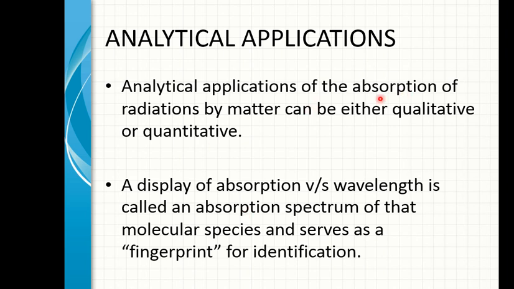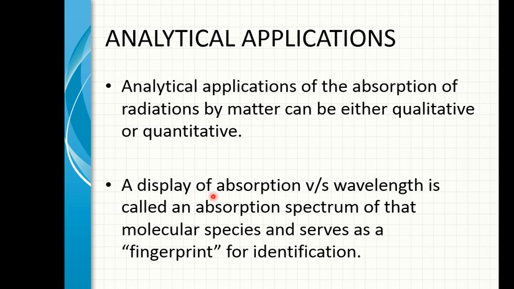Analytical application of absorption of radiation can be either qualitative or quantitative. We can use this interaction between the electromagnetic radiation and the sample, which in this instrument is absorption, for qualitative and quantitative analysis. A display of absorption versus wavelength is called the absorption spectrum of the molecular species and serves as a fingerprint for identification of the sample.